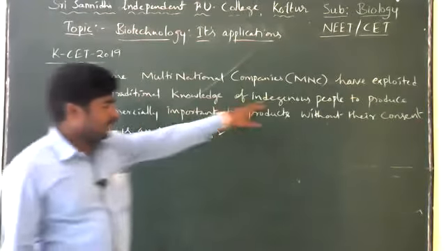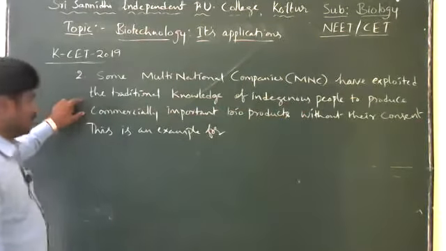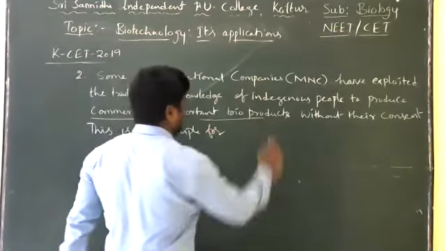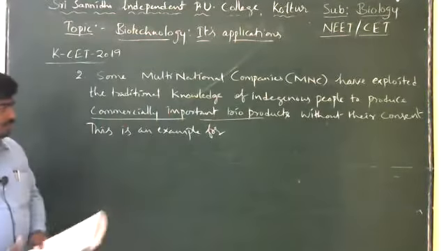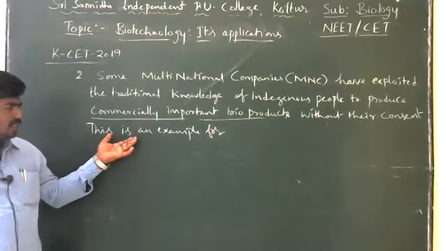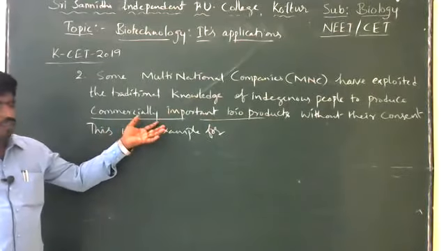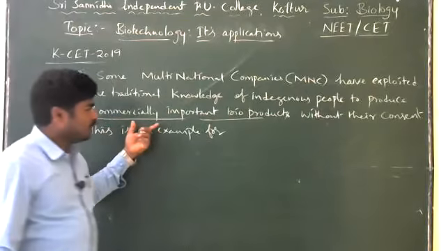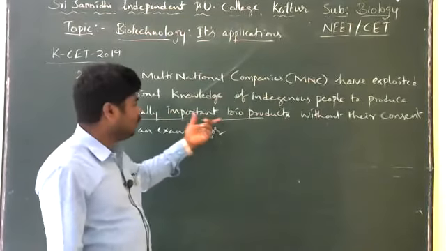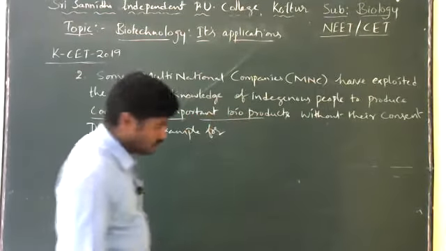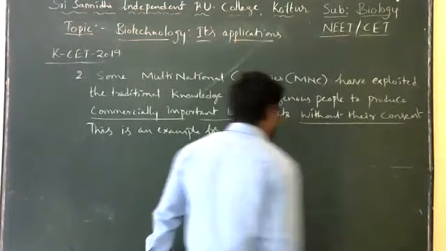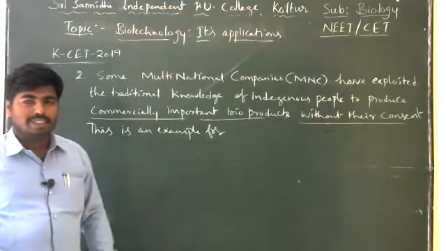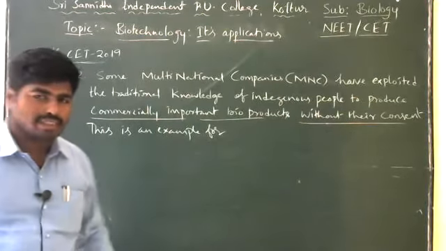Some of the indigenous peoples have traditional knowledge, and that knowledge is being exploited to produce commercially important biological products without their consent, without their permission. Some multinational companies are increasing the biological products.